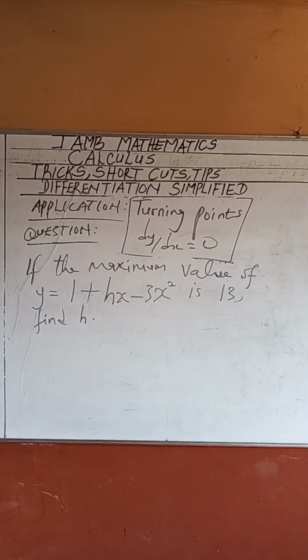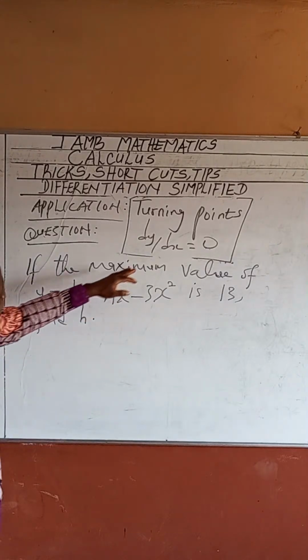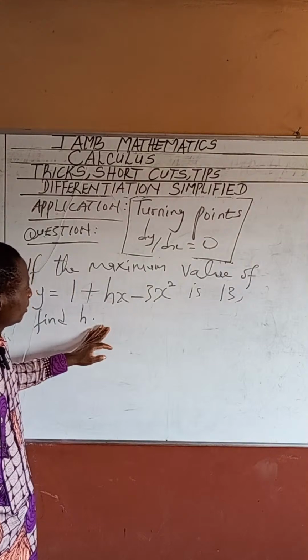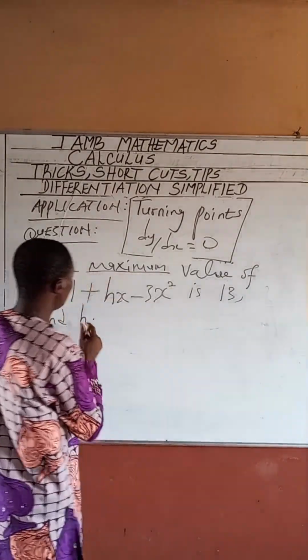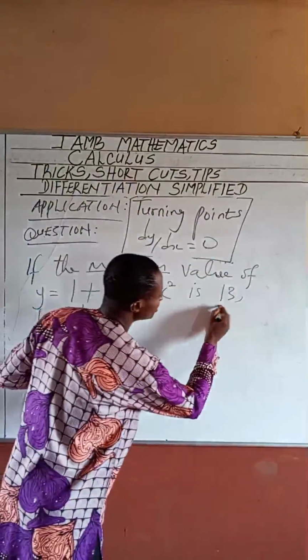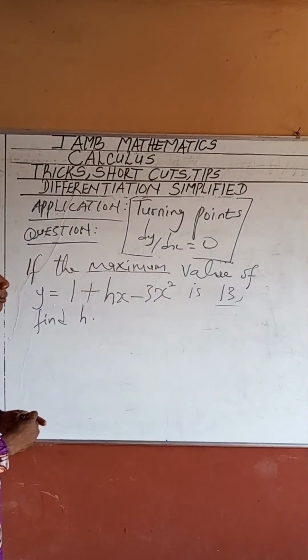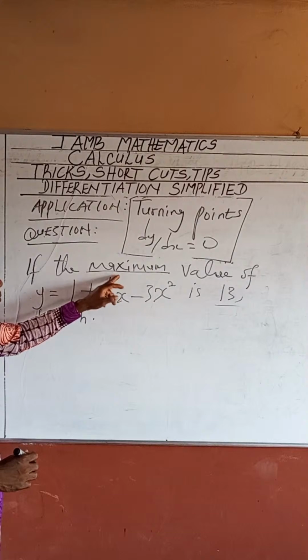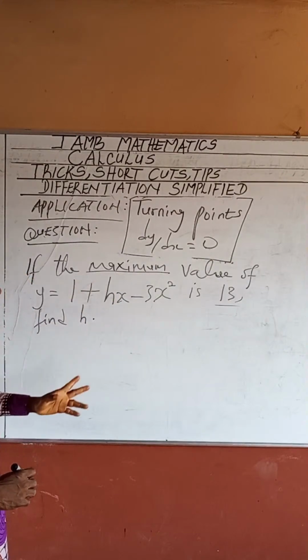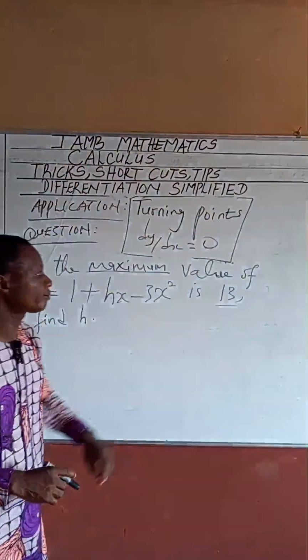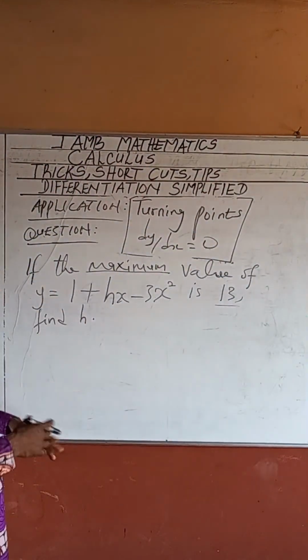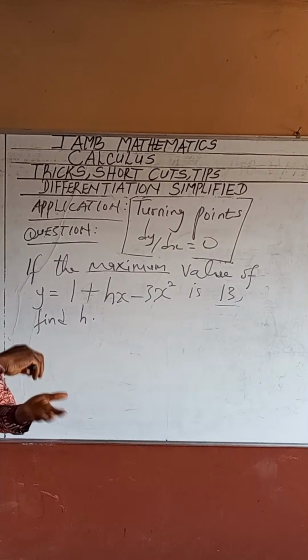How does this affect us? The maximum value of this expression is 13. But at that maximum value, something must be 0, right? That's why it's maximum or minimum: there's no change. We are not saying there's no value there.